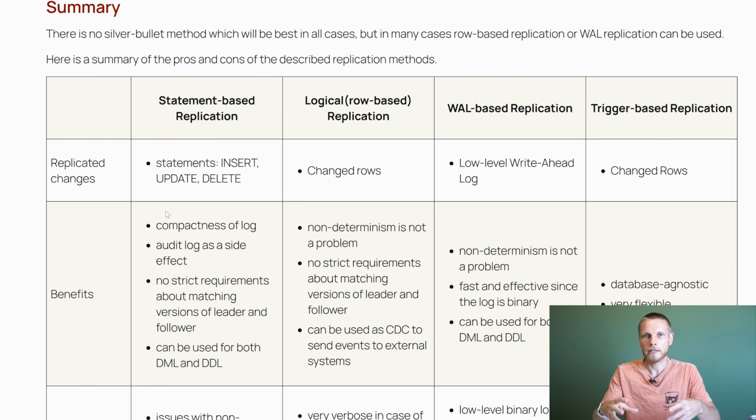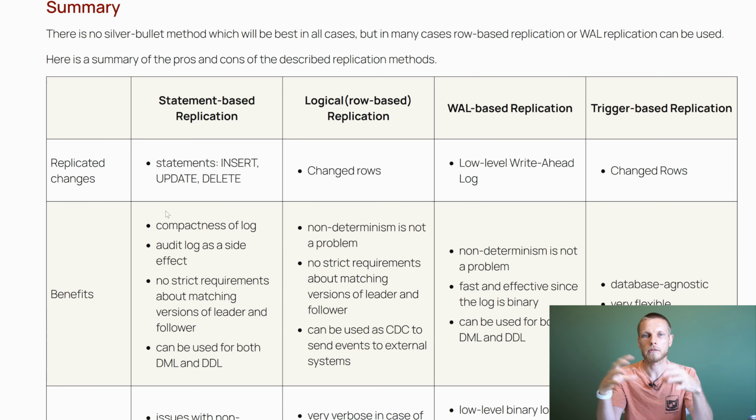Statement-based replication has a very compact log, which can be used as an audit for free, since we already have it. There are no strict requirements for matching versions between leader and follower, and it can be used for both DML and DDL statements. The benefit of row-based replication is that it doesn't have any issues related to non-deterministic statements, and still it doesn't have strict requirements for matching versions of leader and followers.